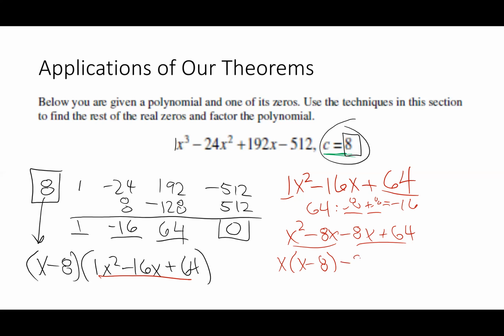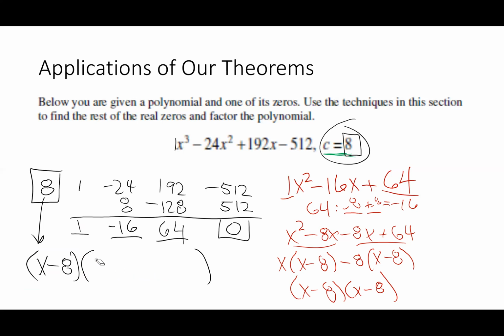And I'm going to go ahead and factor out a -8, and I get x minus 8. So now this factors out to (x minus 8)(x minus 8), which means that these are my remaining two factors.